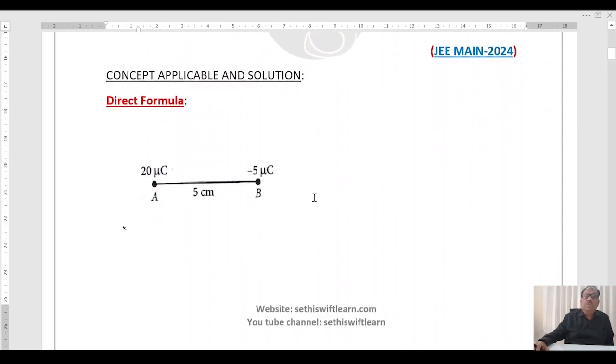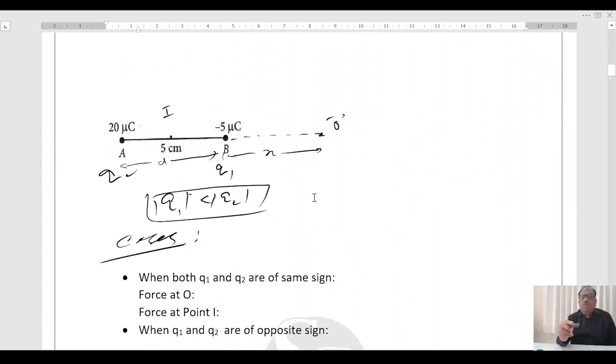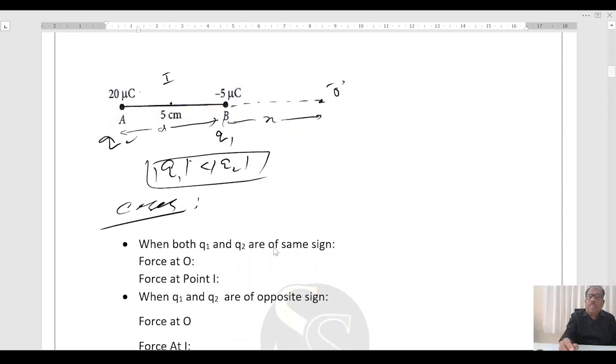Now, let Q1 and Q2 be two charges. There are two cases. First, when both Q1 and Q2 are of the same sign; the force at O means outside, and the force at I means inside.